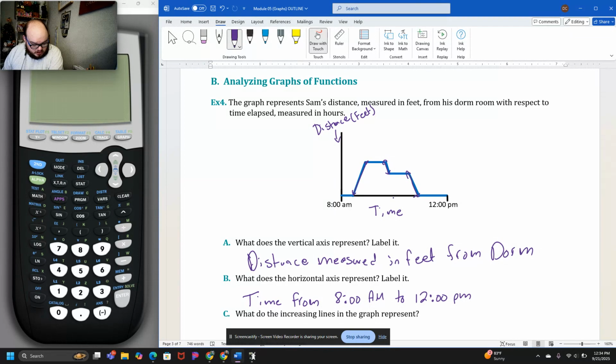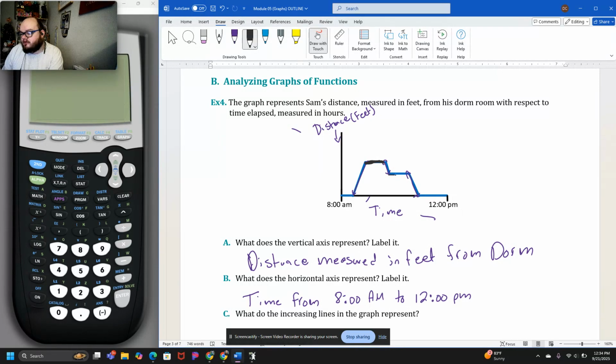What do the horizontal lines in the graph mean? That's where maybe he's in class, right? So maybe his class is exactly this far from his dorm. So he's gone to class for an hour and he's sitting there in class, he's not moving. Okay.